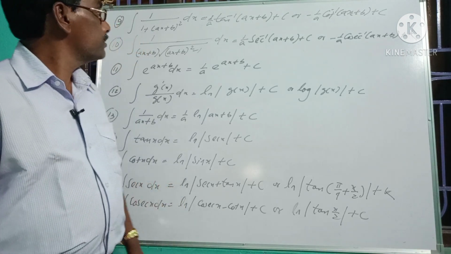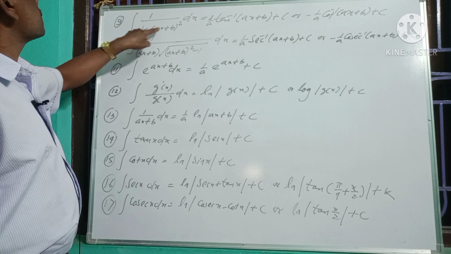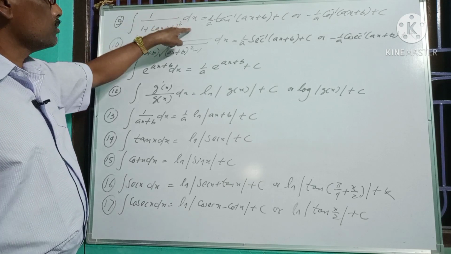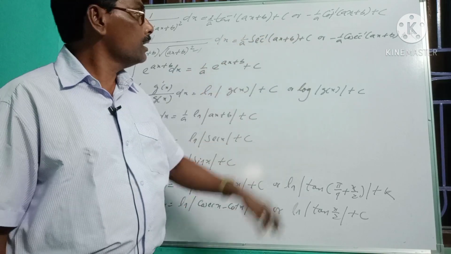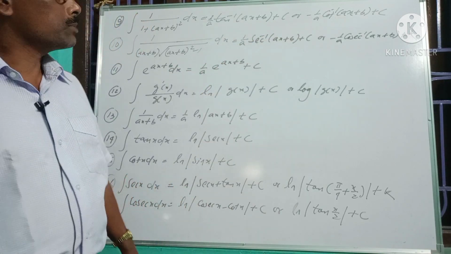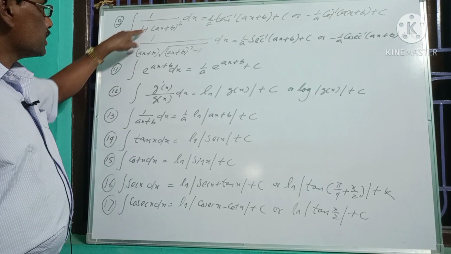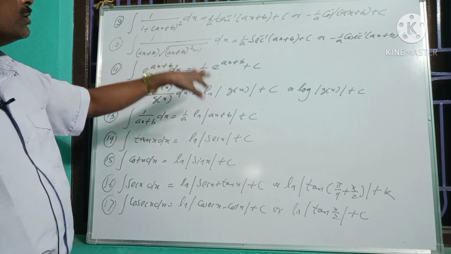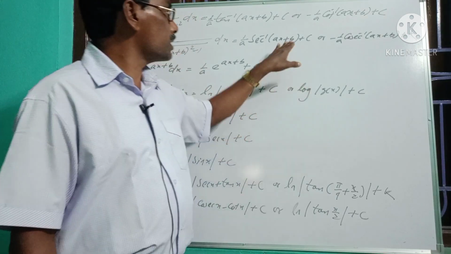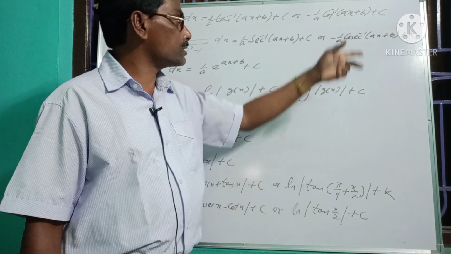Then we have derived the 9th formula, integration of 1 by 1 plus (ax plus b) square with respect to x, which is equal to 1 by a tan inverse of (ax plus b) plus c or minus 1 by a cot inverse of (ax plus b) plus c. Then we have derived integration of 1 by (ax plus b) into root of (ax plus b) square minus 1 with respect to x, which is equal to 1 by a sec inverse of (ax plus b) plus c or minus 1 by a cosec inverse of (ax plus b) plus c.